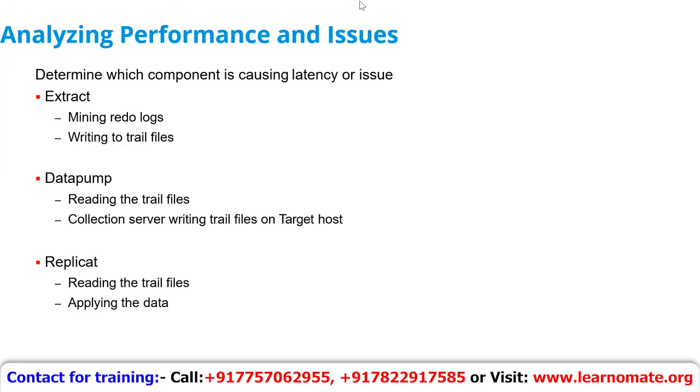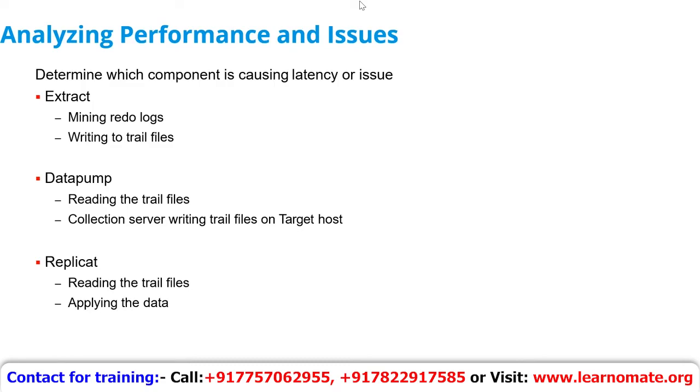There are 3 processes involved in GoldenGate replication: extract, pump, and replicate. So first of all, you have to determine which component is causing latency or issue, whether it is extract, pump, or replicate. If it is extract, identify why it is causing this lag. It could be either it is mining the redo logs, or it could be writing to the trail file.